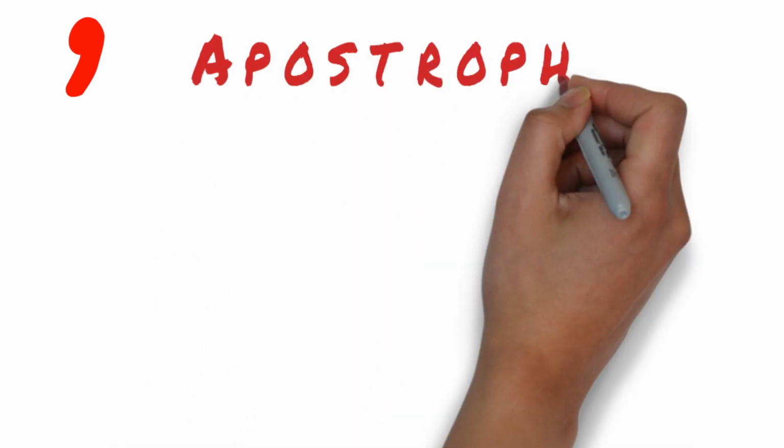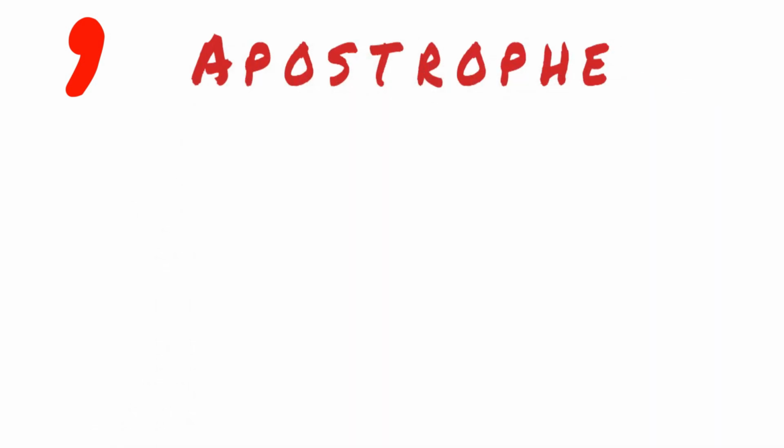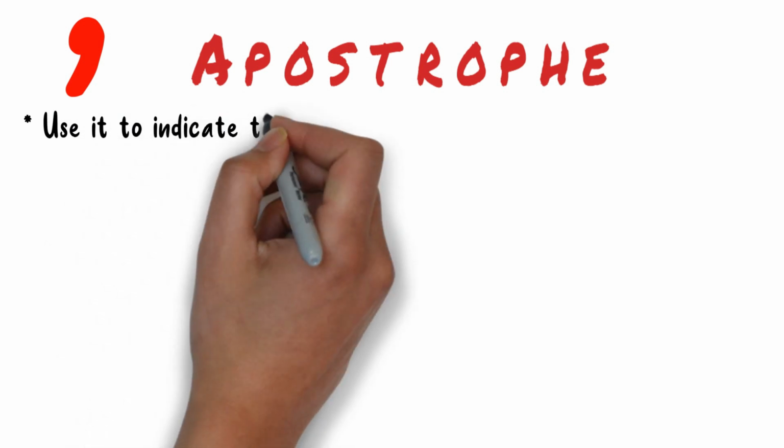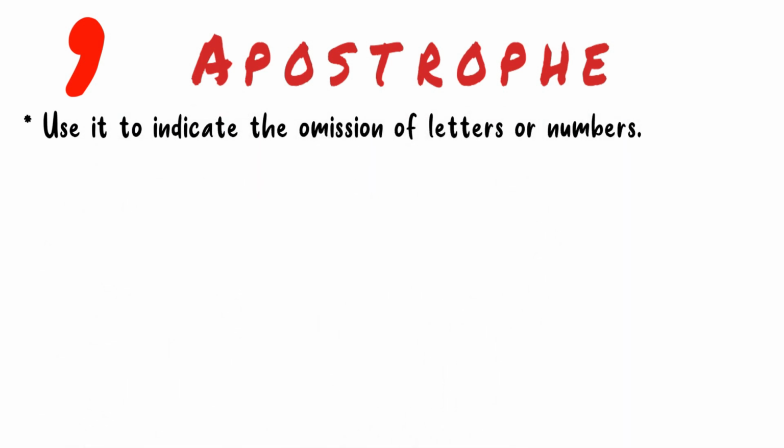An apostrophe. Use it to indicate the omission of letters or numbers. Look at these examples.